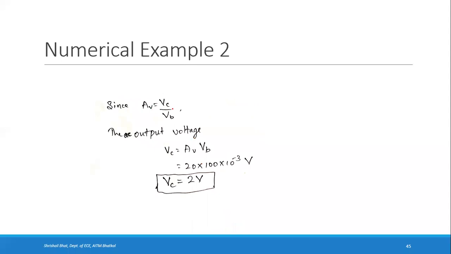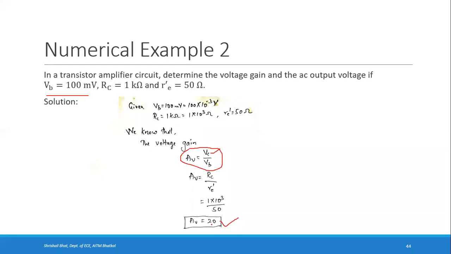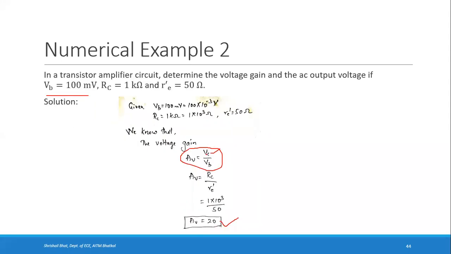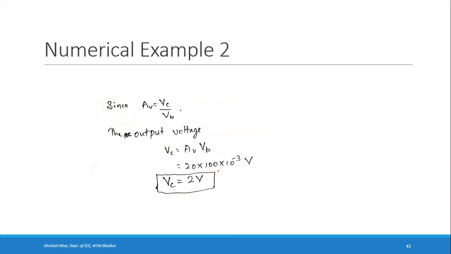We know that AV is equal to VC by VB, so VC is AV into VB. AV is the voltage gain you calculated, that is 20, multiplied by VB, which is 100 millivolts, 100 into 10 raised to minus 3. If you substitute and calculate, you'll get the value of VC as 2 volts.